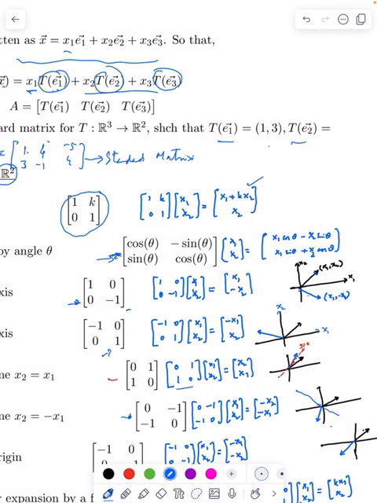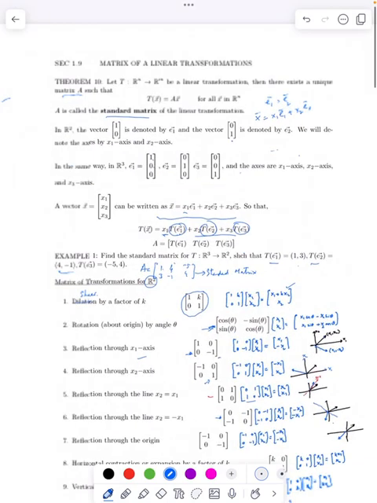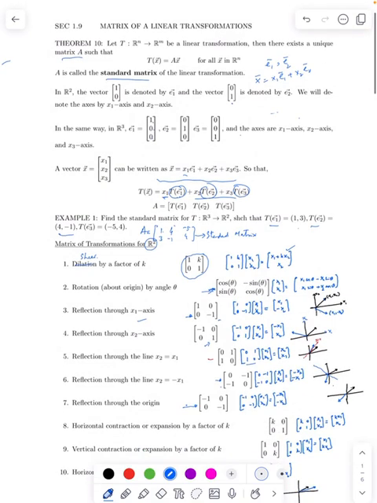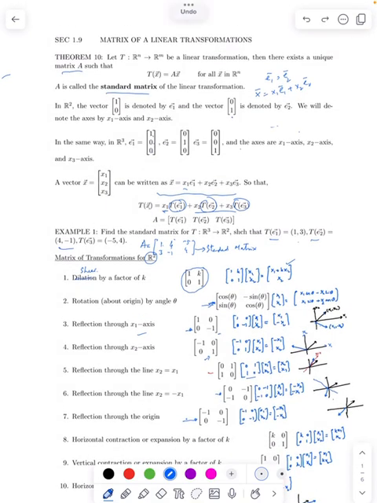The next one reflects it about the origin. So see the difference between number 6 and number 7: a slight difference, and they perform two different actions.